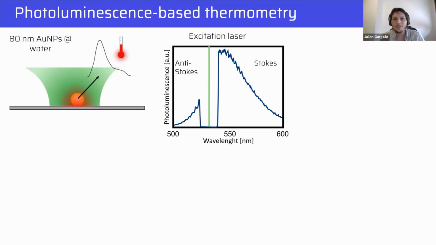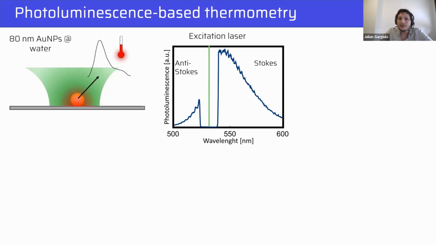Some of the spectrum is what is called the Stokes spectrum, at larger wavelengths, which means lower energies. And some part of the spectrum is what is called the Anti-Stokes, which is at shorter wavelengths, which means higher energy than the excitation.